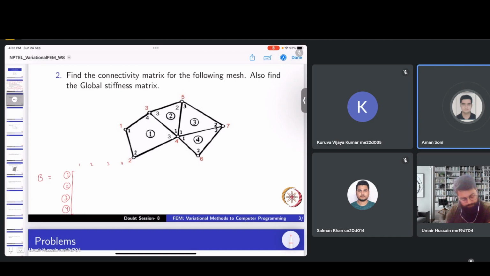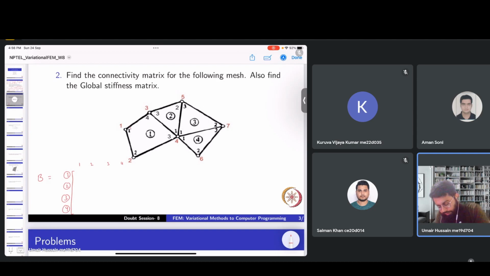So each column represents the local node number, and the entry is the global node number corresponding to that local node number.